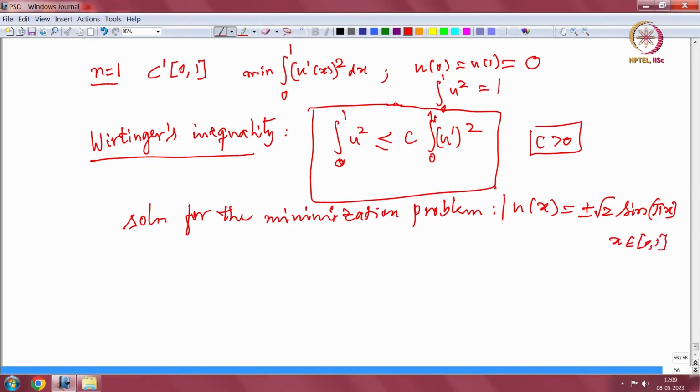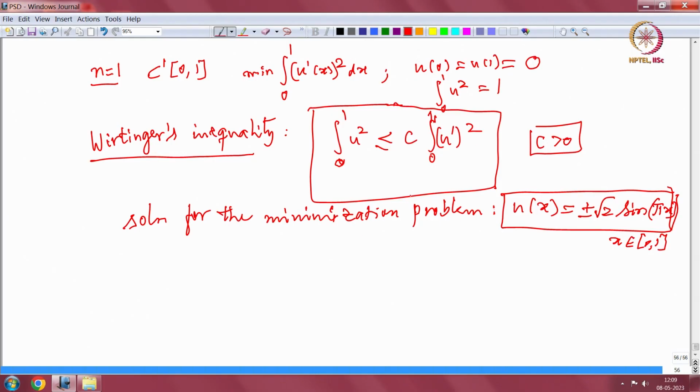So, this constant is chosen so that the integral of u square is 1. Okay, so it vanishes on the boundary, and when you evaluate it, you will get the minimum value. So the minimum value is something like 1 by pi square.